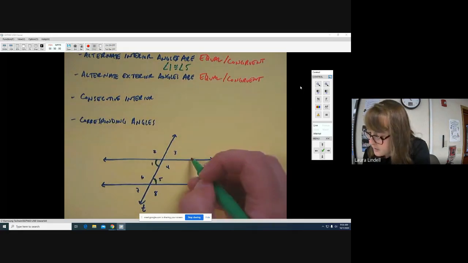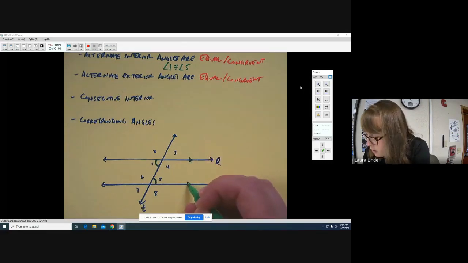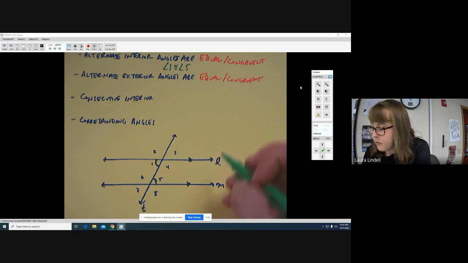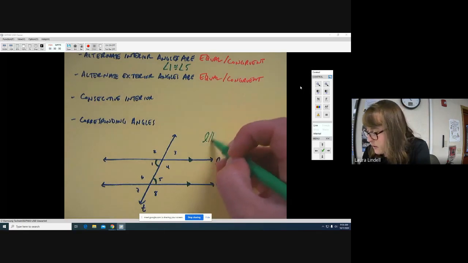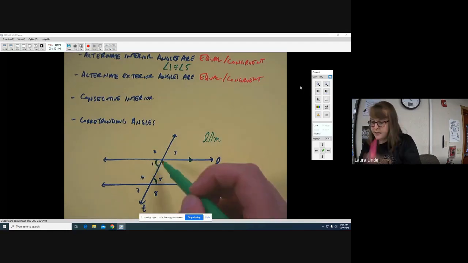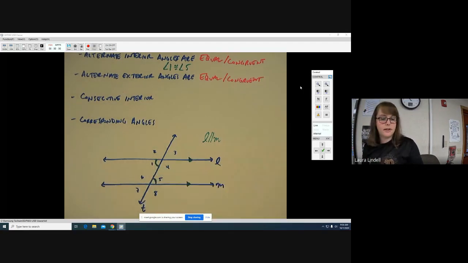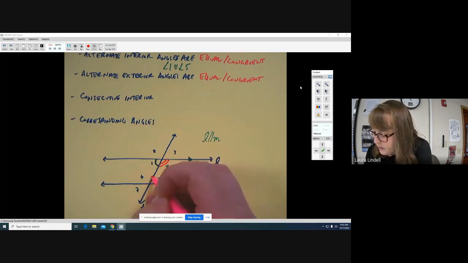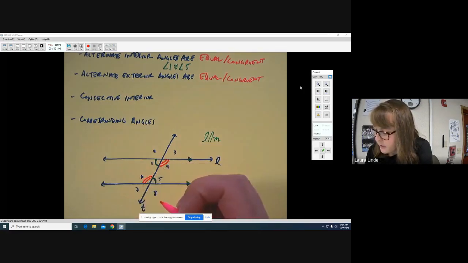But that's only the case when these lines are parallel to each other. So remembering our parallel notation, when they've got an arrow in the line, or we could also be told L is parallel to M, just like that. So when that's the case, these two angles would be congruent because they're alternate interiors. And then another pair of alternate interiors, angle 4 and angle 6, would be congruent to each other.